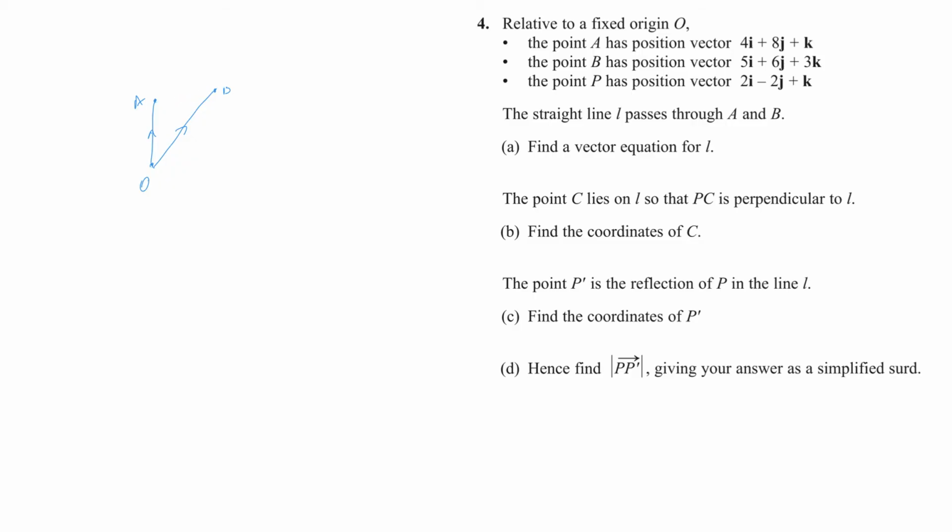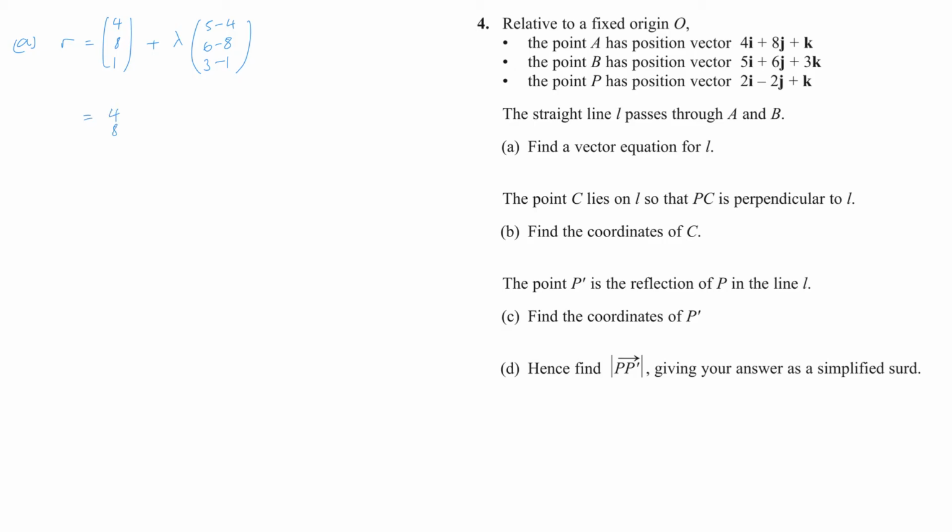Okay, so what we're looking at here is r equals, now I'm going to do this in vector form, 4, 8, 1 plus lambda times, and then it's the difference between the two, like B minus A, so 5 minus 4, 6 minus 8, 3 minus 1.